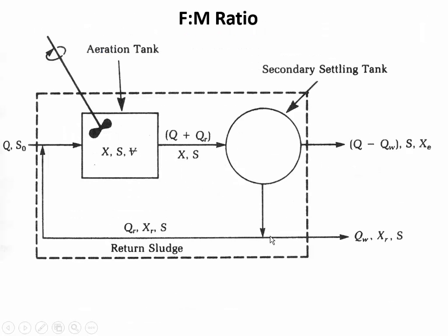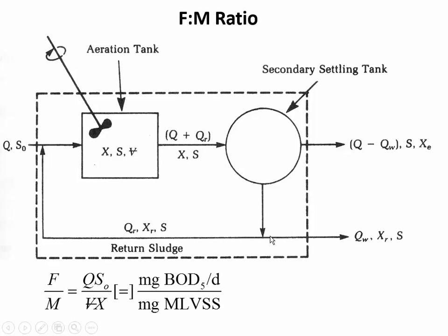With that one operational parameter we get to control, which is how much is wasted. All right, here is a formula that we'll use to calculate the ratio of food to microorganisms. Remember, food is BOD, and the concentration of BOD coming in is S naught. If we multiply the flow rate by the concentration, that gives us the milligrams of BOD per day entering the reactor.